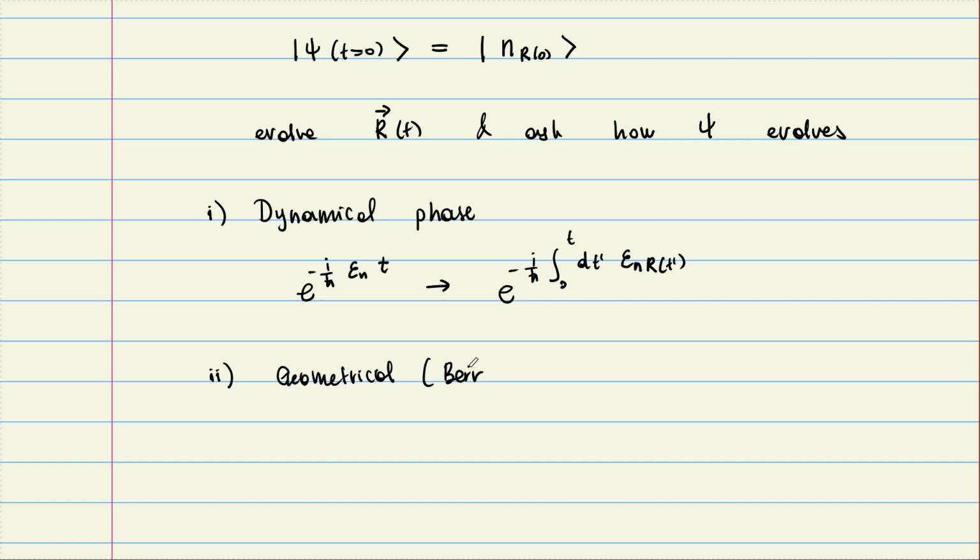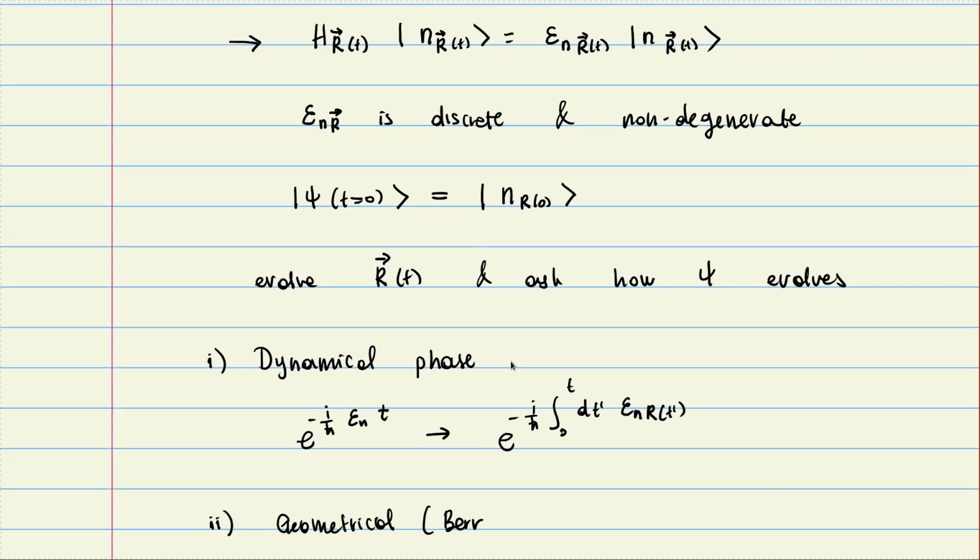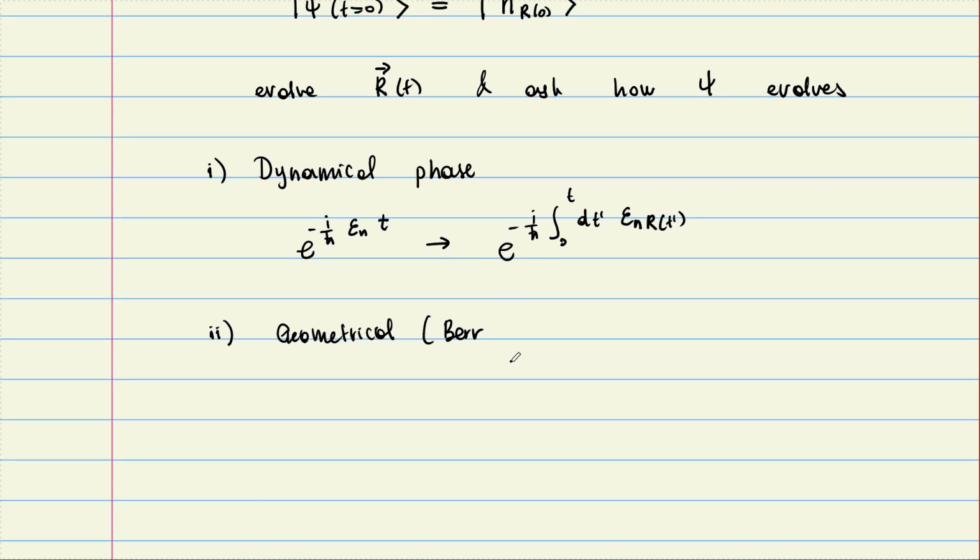Is this a topological phase? It will be. At the moment, we don't know anything, right? We are trying to introduce it, so we start from this, and we slowly evolve R, and we are asking what happens to a state if I start from an exact eigenstate. At the moment, this looks like a trivial phase, but it will turn out to be not trivial. It will turn out to be quite profound in a little bit.